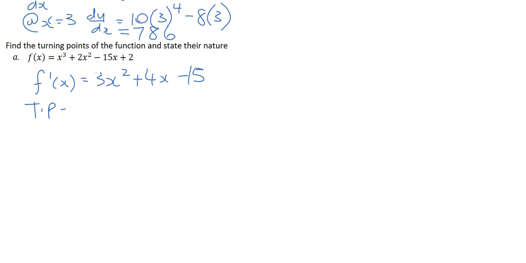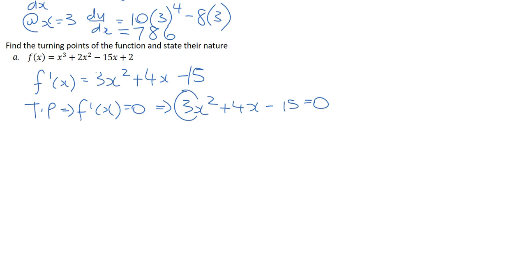Turning point, when the gradient equals 0, so therefore 3x squared plus 4x minus 15 equals 0. So then you factorise it, or you could go straight to the quadratic equation, but let's not go down there. Factorise that. 3 lots of 15 is negative 45.